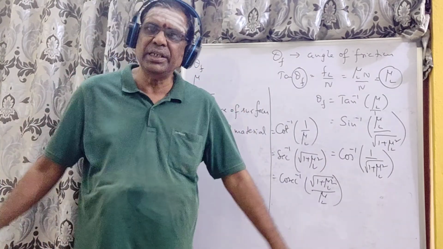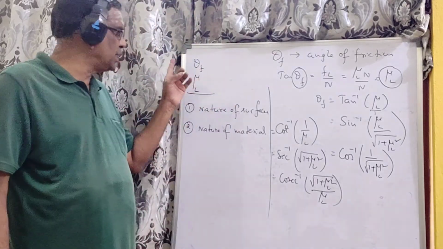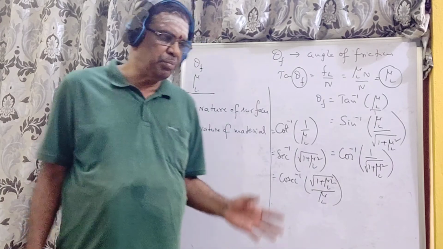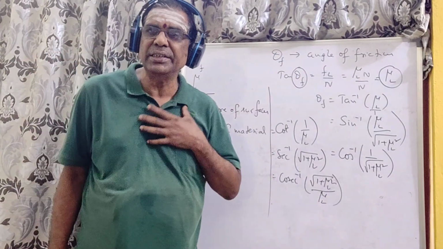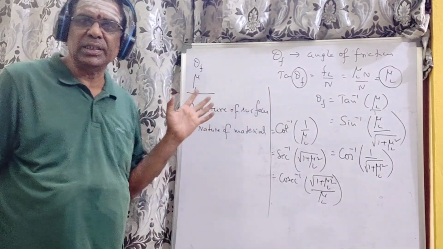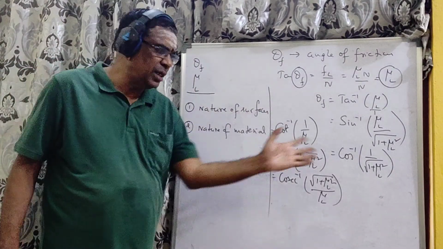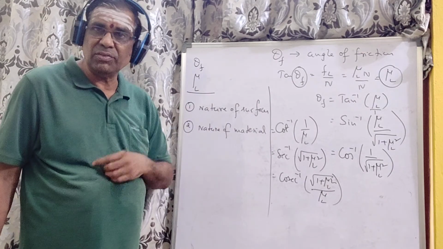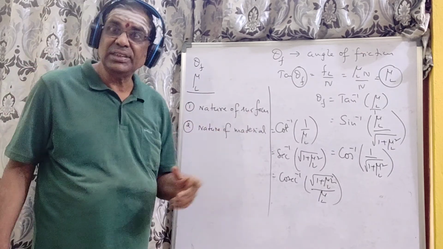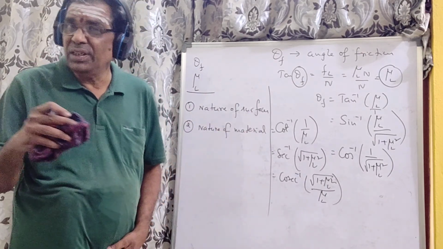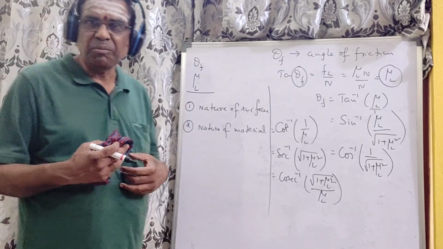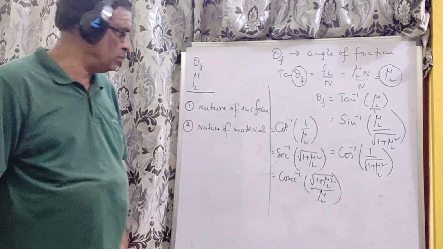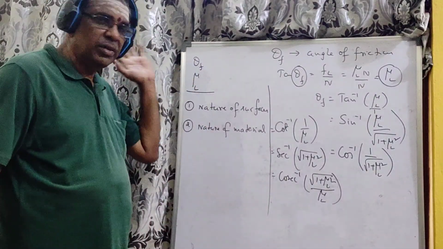Nobody would derive them theoretically. Based on the experiments, they will get these values and they are tabulated. So particularly in engineering applications, you will be knowing what these values are and accordingly you can use them. Okay? So that is the nature of the material and the nature of the surfaces. Relatively smooth, the value is less. Relatively more rough, the value is more. Likewise, you will have it. Both theta F and mu.